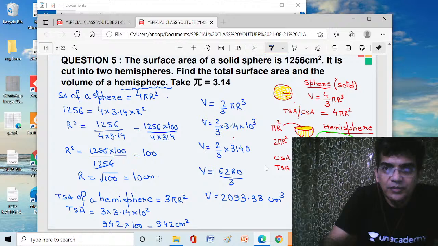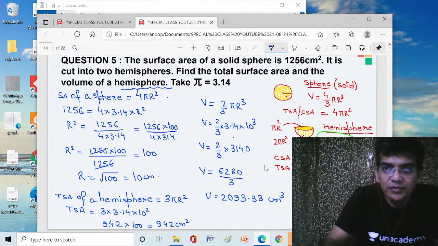Okay, the next question, they say a dome of the building is in form of a hemisphere.